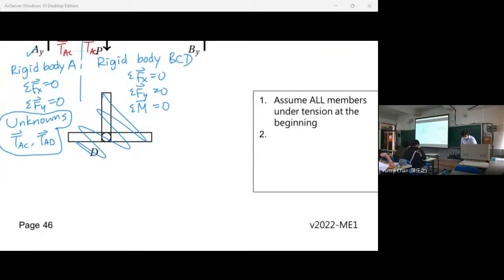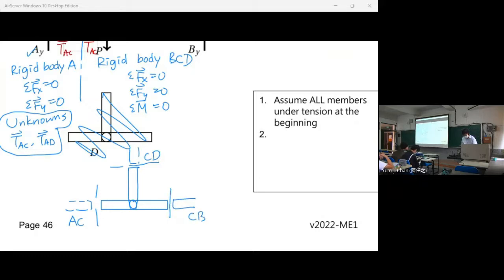For example, if we take away CD and we take away CB, we have joint C. This is AC, and this is CD, and we cut it here and here, and this is CB, and we have point C here.